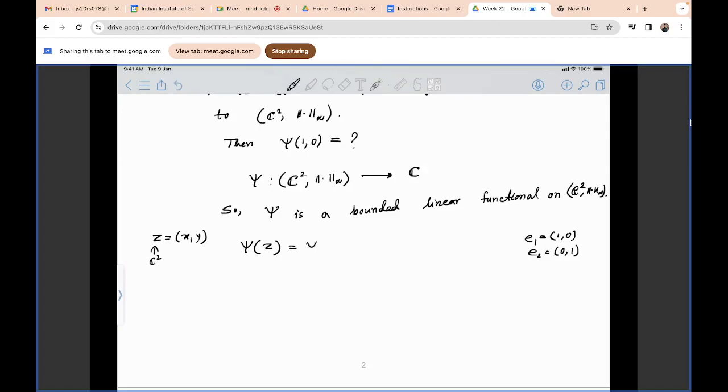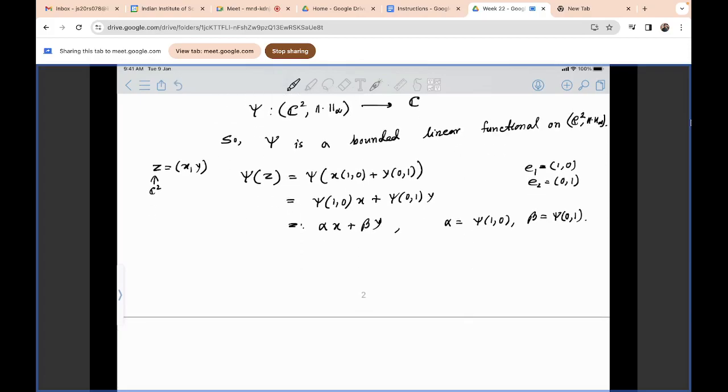Then you can write psi of x(1, 0) plus y(0, 1). As psi is linear, it will be psi of (1, 0) times x plus psi of (0, 1) times y. Let's call this alpha x plus beta y, where alpha is psi(1, 0) and beta is psi(0, 1).